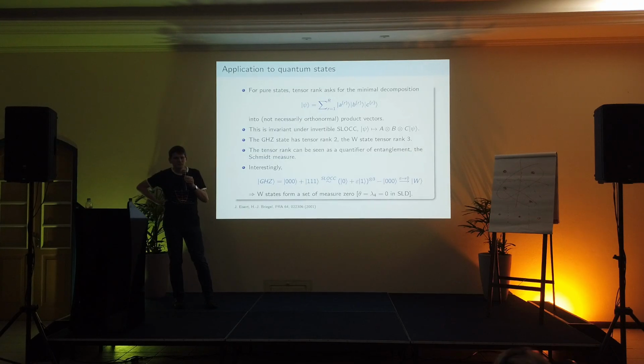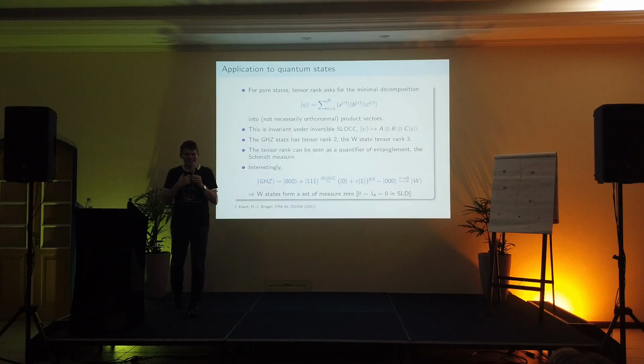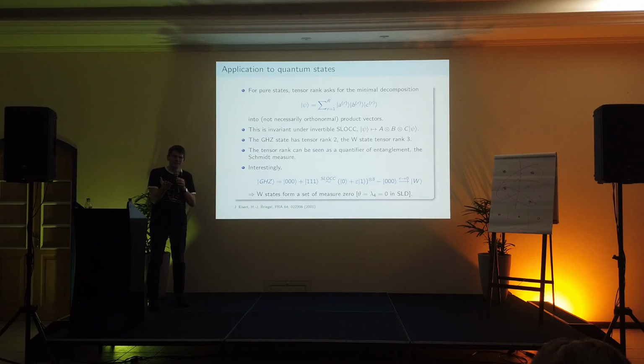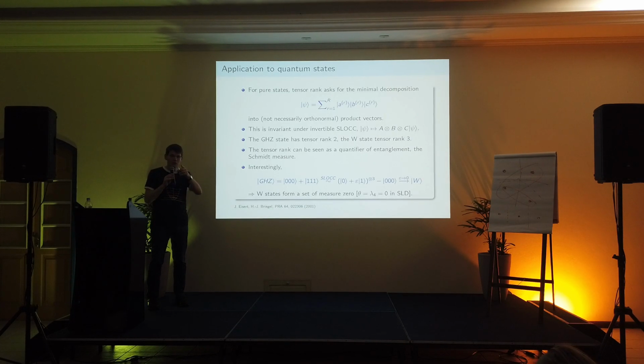Another question. Do you have some intuition about the full measure class having rank 2, not full rank? It goes against my intuition. Yes, actually this is one of the things why tensor rank is very peculiar. Naturally you would think that the generic state is full rank, like for matrices. A generic matrix is full rank, period. But it is different here, and this is also one of the reasons why it's numerically so difficult.